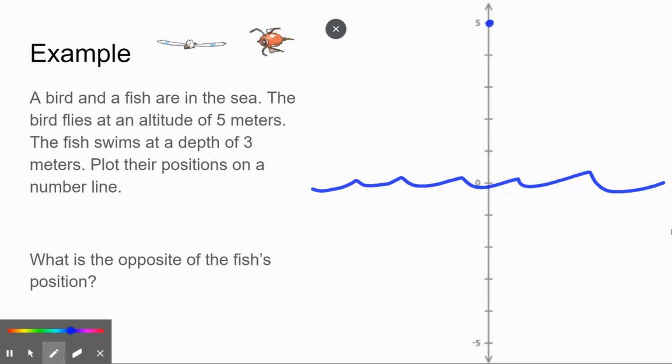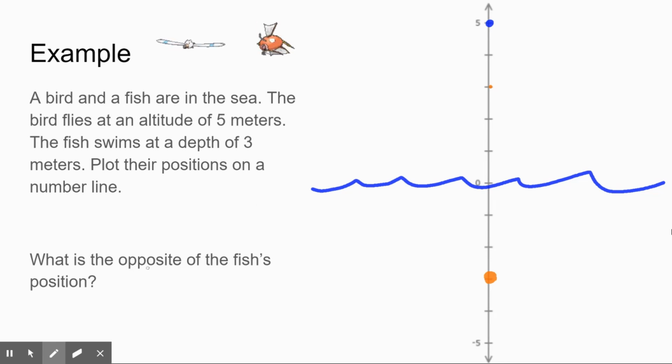The fish, on the other hand, is down at a depth of 3 meters. Now you might be tempted to put it here at 3, but since it's at a depth, that means it's under the water, right? So that means our fish is actually going to be right here. So that's all you need to do for plotting things on a number line.